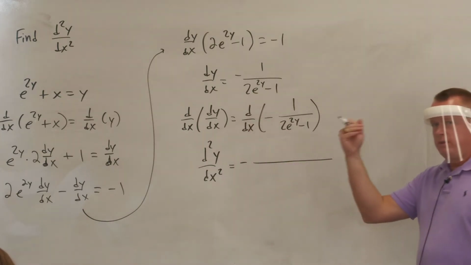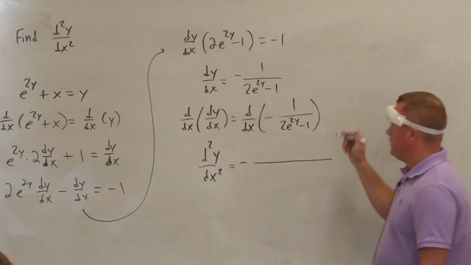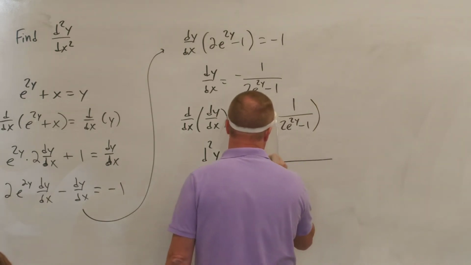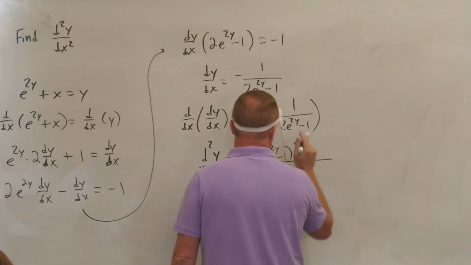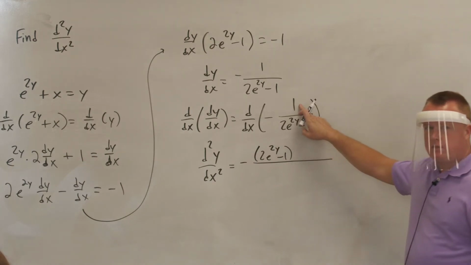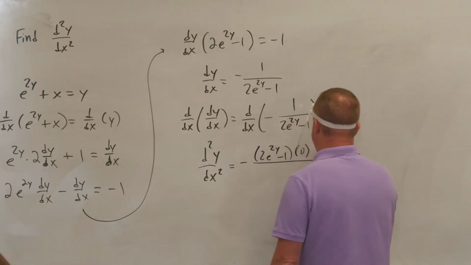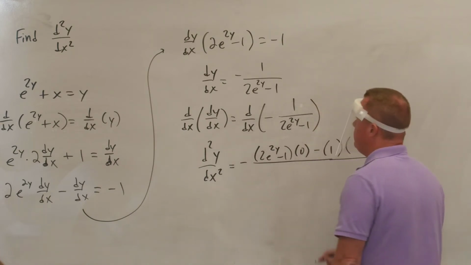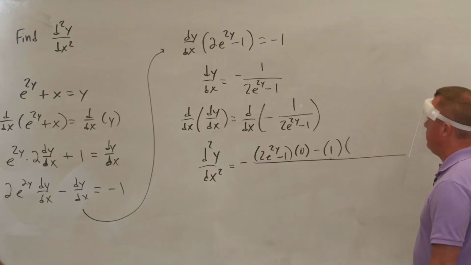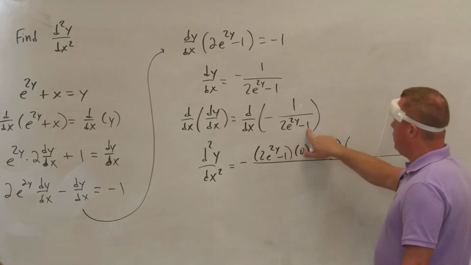Quotient rule, I start with the bottom. So the bottom times the derivative of the top. So the derivative of 1 would be what? 0. So really that's just 0. Minus the top times the derivative of the bottom. Okay, so the derivative of 1 is 0.